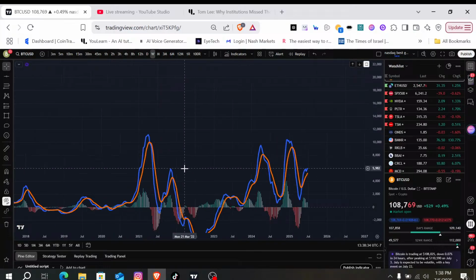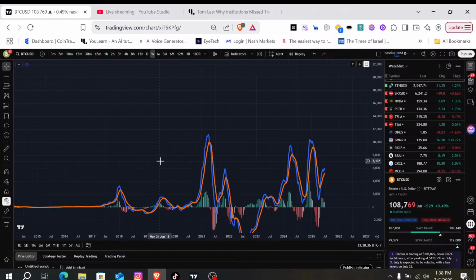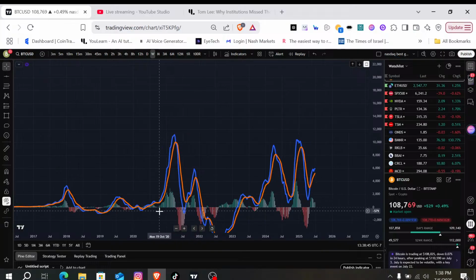So right here, look. If you pay attention, this is mimicking how the market is. This is pretty much the market. It's just supposed to help you. When the blue line goes above the orange, it says we're going to rally. When it goes below it, we're going to dump. And as long as we're above these green lines, it's stronger.